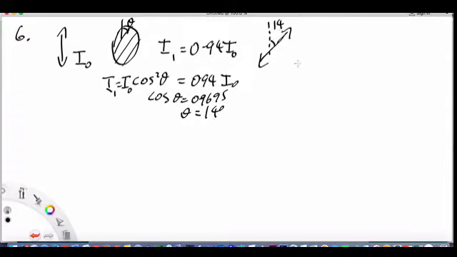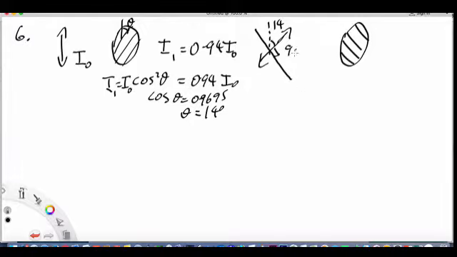Now it has to reach another polarizer, and we want 0 coming through. So that means the second polarizer must be polarized at right angles to that. And so right angles to this would be that. So this has to be the second polarizer.